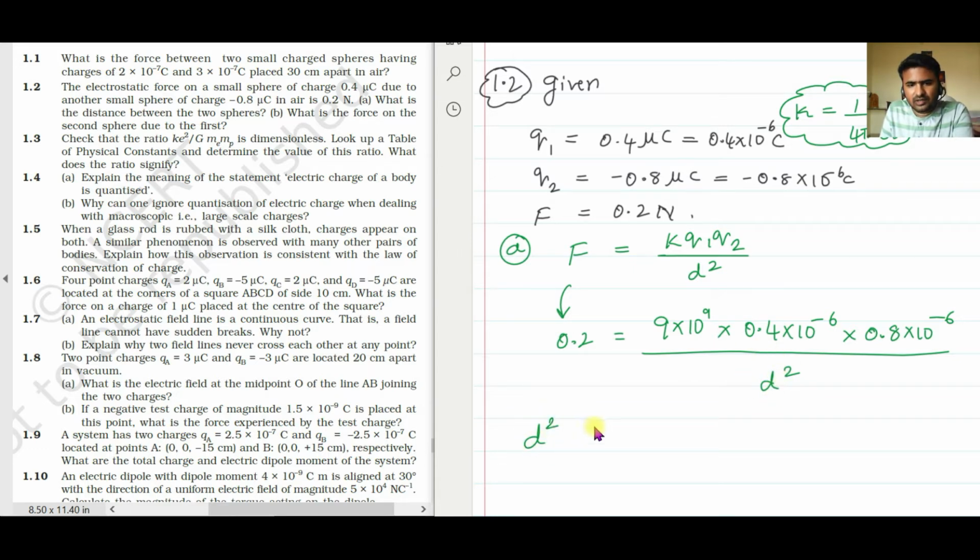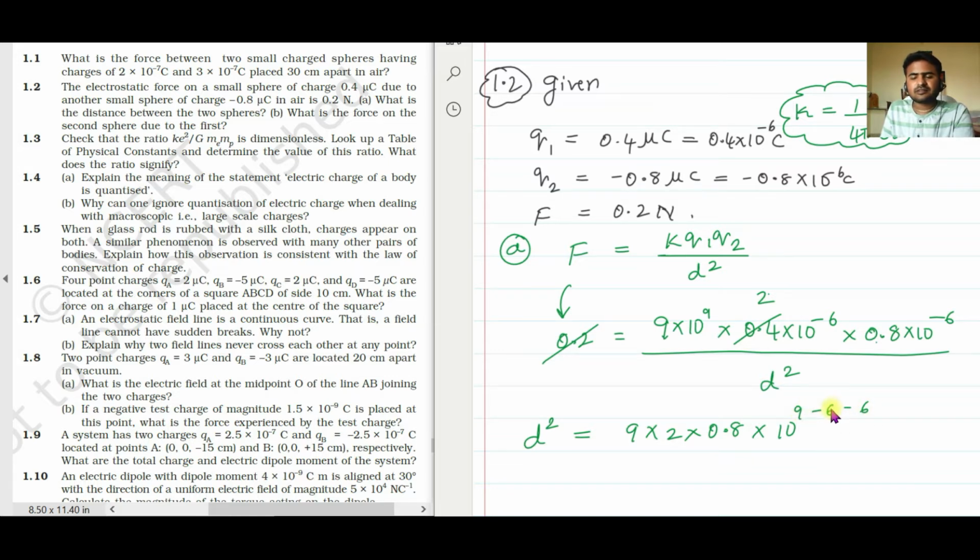So distance square now can be written as, I'll just take this to LHS, and in the numerator you can cancel out: 0.2 into 2 will give you 0.4, that will get cancelled. The remaining thing in the RHS is 9 into 2 into 0.8, and the remaining thing is 10 power 9 minus 6 minus 6.